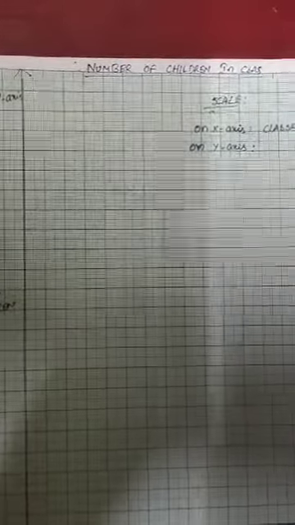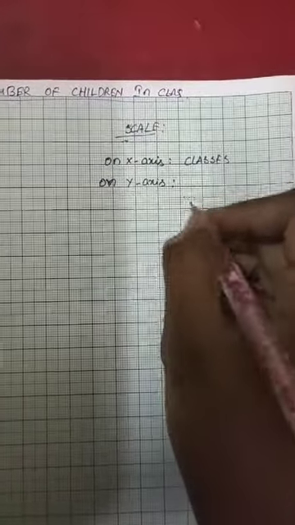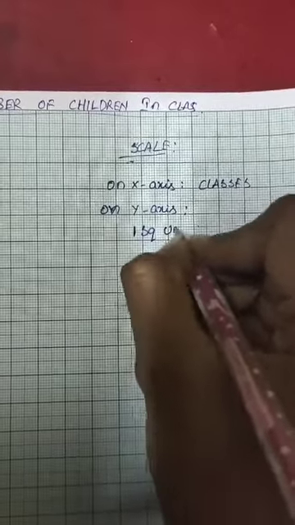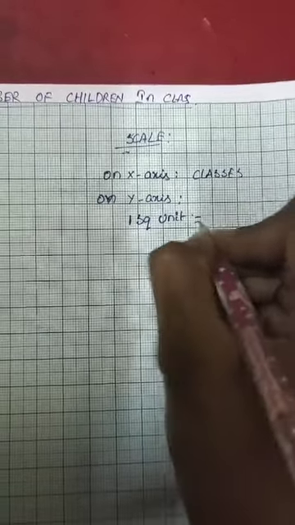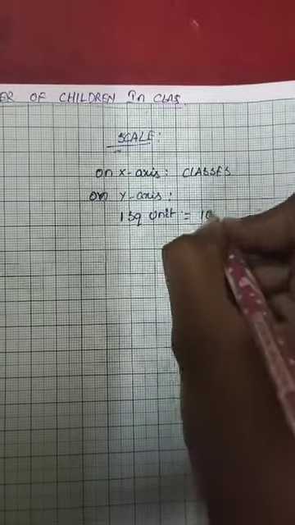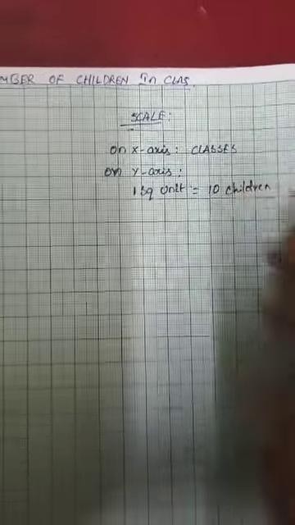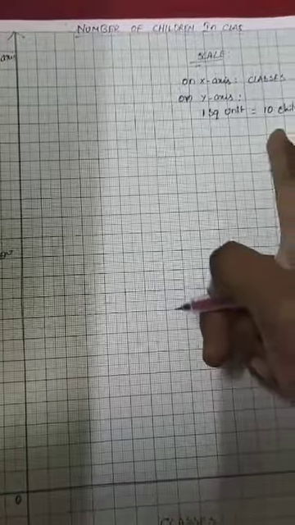Means my scale on the y-axis: I am going to choose one square unit equal to 10 students or 10 children. Okay, I decided.